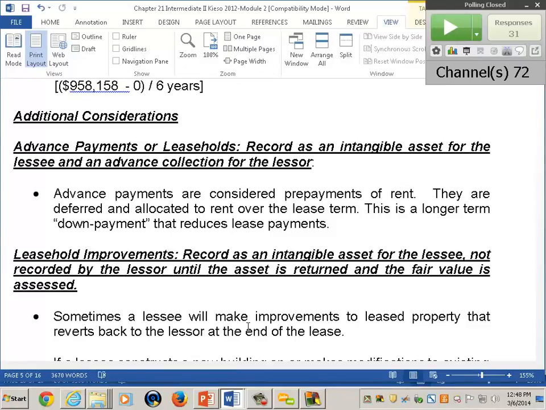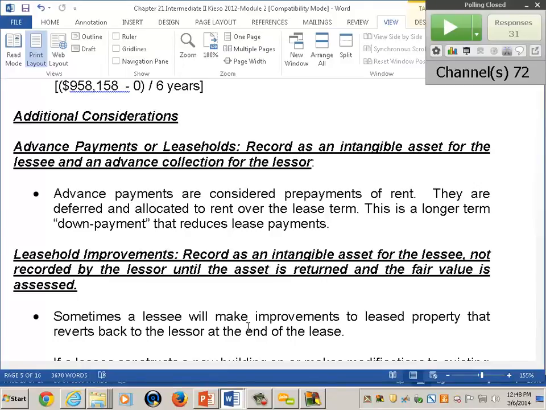So you would treat the advance payment as prepaid rent for the lessee and expense it, or unearned rent for the lessor. Leasehold improvements you should be aware of. They are permanent improvements to the lessor's property.